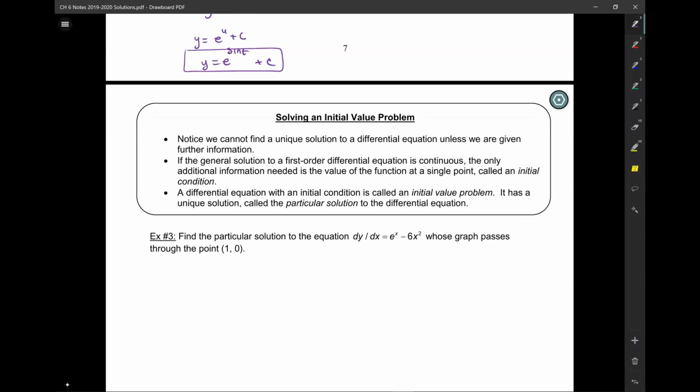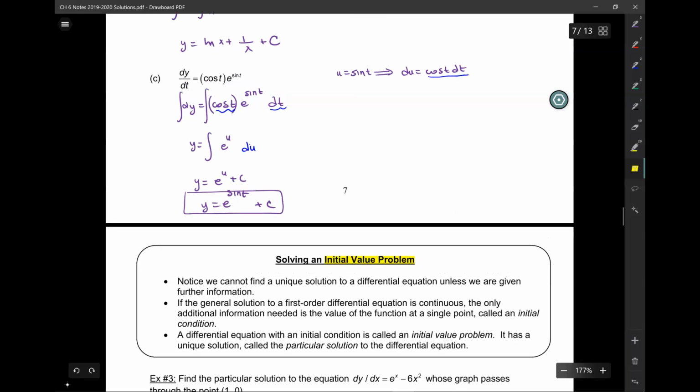Okay, so now we come to the more interesting parts of an initial value problem. In the initial value problem, so here, this e to the sine t plus c, this is a way that we can generate an infinite number of equations, right?